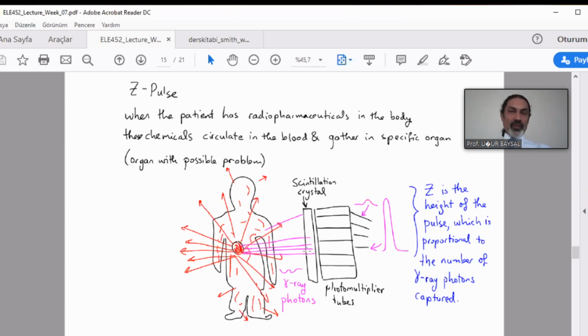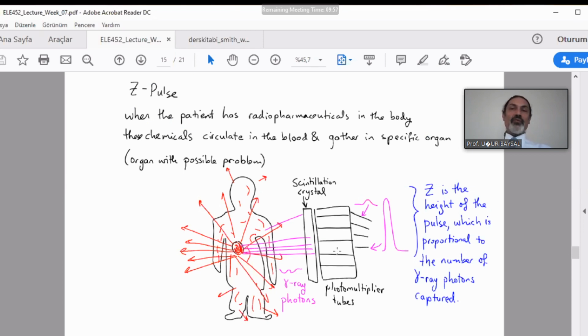So, for example, the parts receiving more rays do have greater intensity in the reception. With fewer rays, due to the electronics, the voltage and current intensity is lower. So this is called the Z-pulse. Okay? Z-pulse gives an idea about the intensity of the incoming photons.